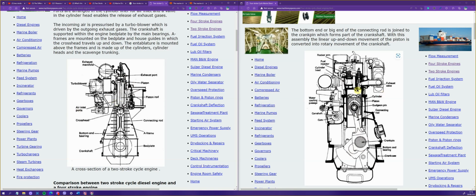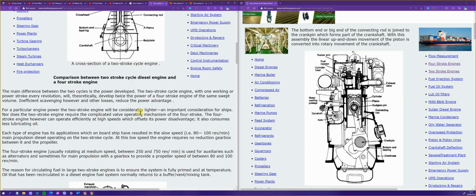Unlike here, you have an intake valve and exhaust valve na nag-a-allow ng entry of fresh air at exit of your exhaust gases. So, yan. Side by side.